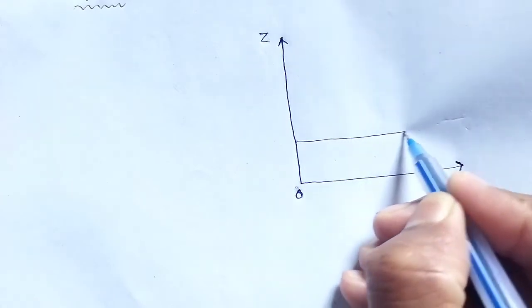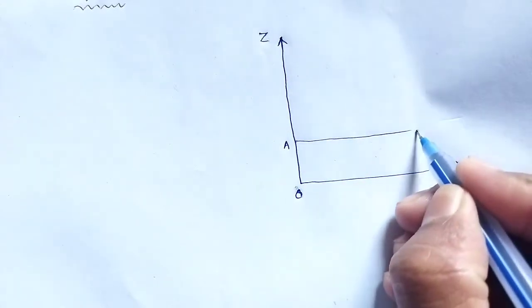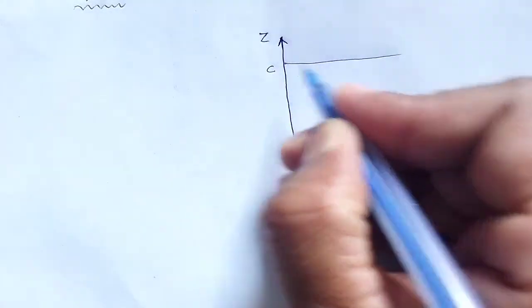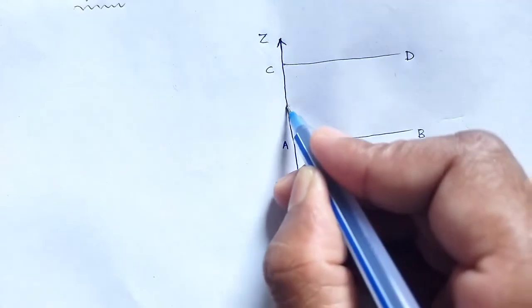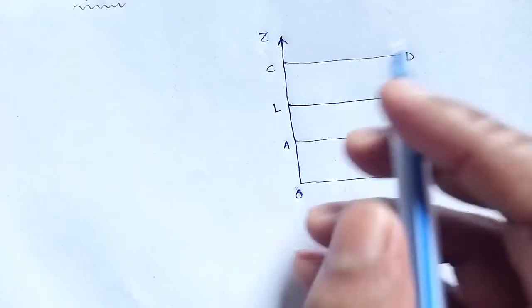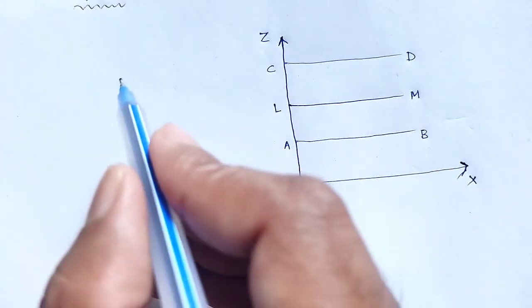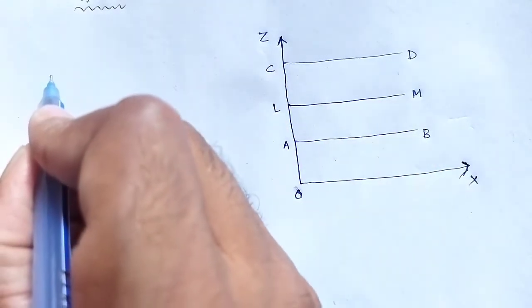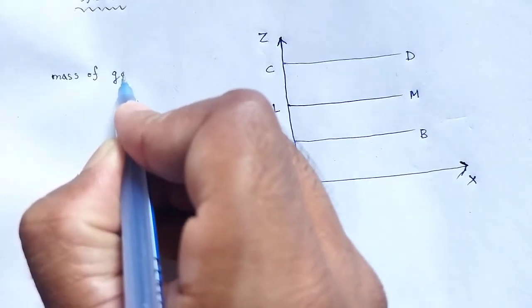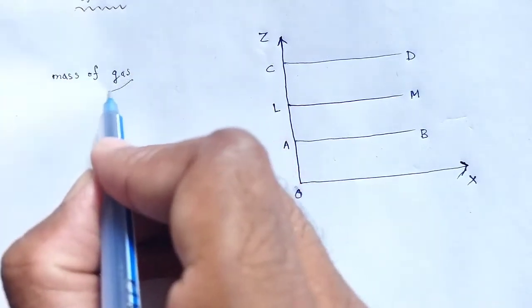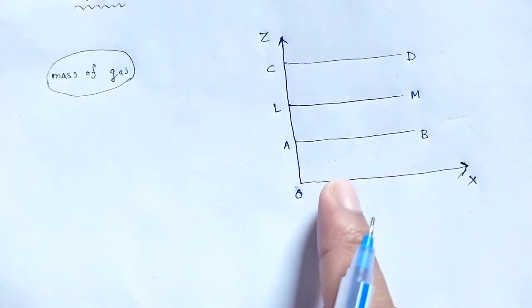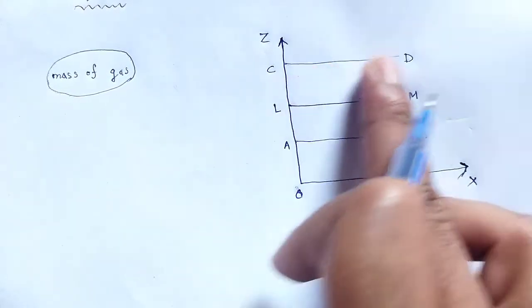These are the parallel layers A, B, C, D, L, M. We consider the mass of gas between the parallel layers AB and CD.